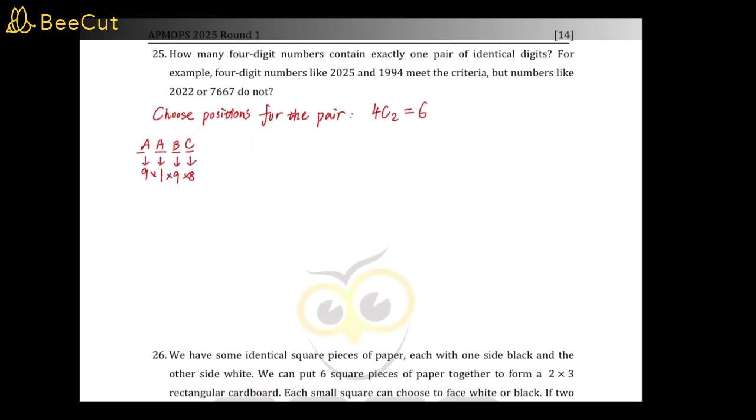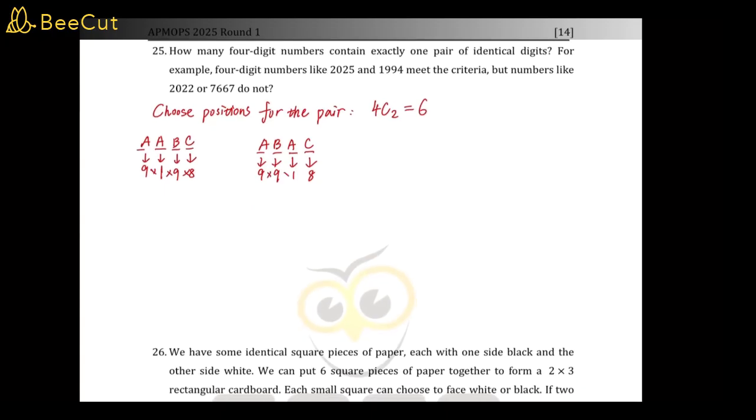And if we check a different arrangement, let's say A, B, A, C, this will be the same. A is 9 ways. B is different from A, so 10 minus 1, 9 ways. Second A is 1 way. And after we use 2 digits, C is 10 minus 2, 8 ways.